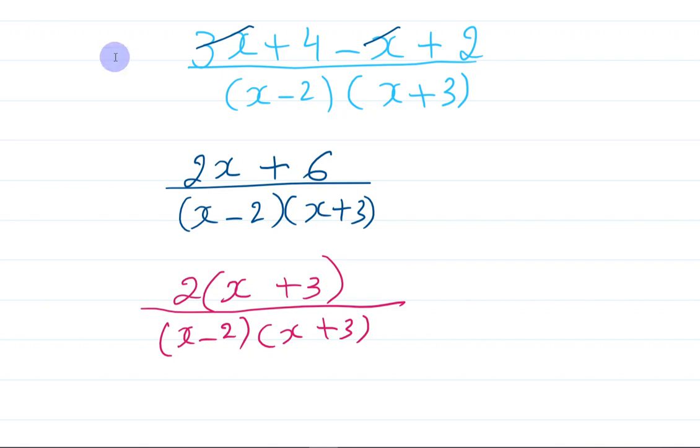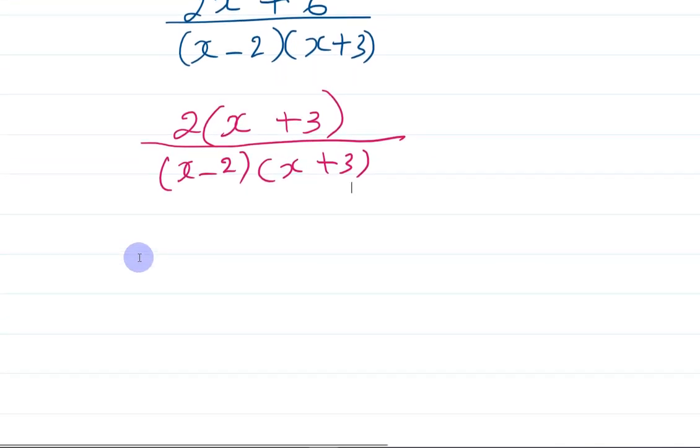Now the most important part for the final answer: I have 2 times the bracket, and I have a multiplication of 2 brackets, so it is easy to simplify. If you have an addition, you cannot cancel. Here I cannot simplify. This fraction is not in the simplest form.